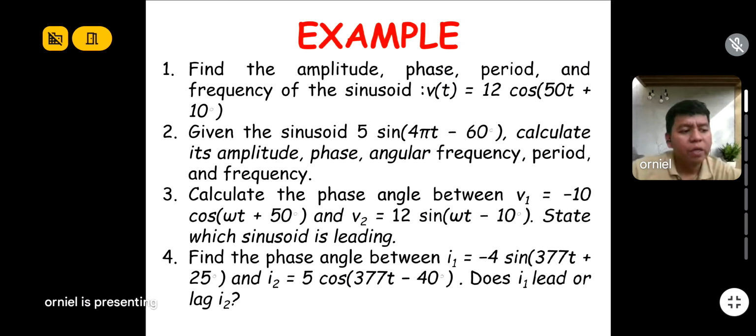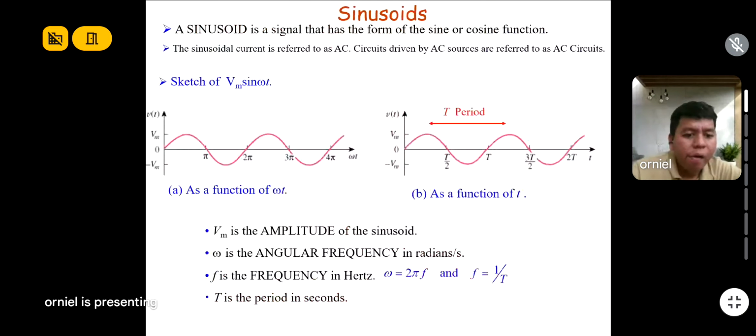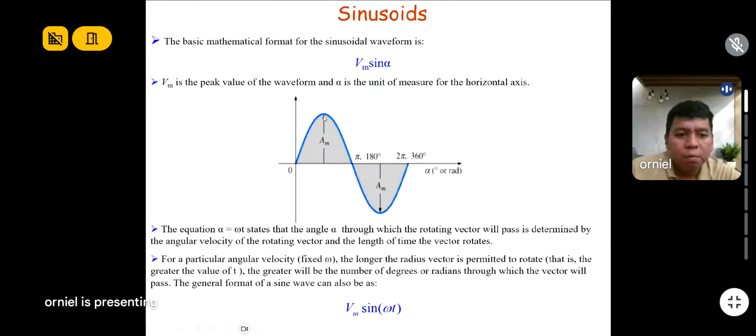Okay, find the amplitude, the phase, the period, and frequency of the sinusoid v of t equals 12 cosine 50t plus 10 degrees. Normally, amplitude can be seen like this: this is the amplitude, the peak, in a waveform.